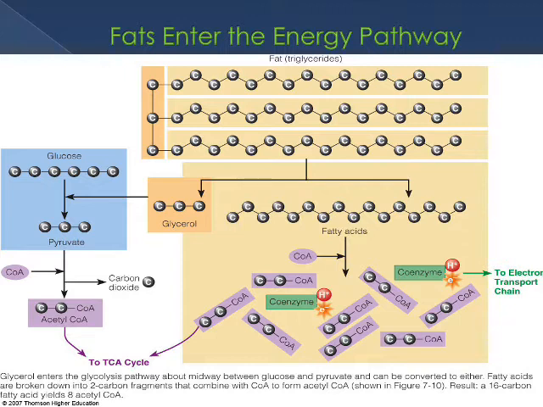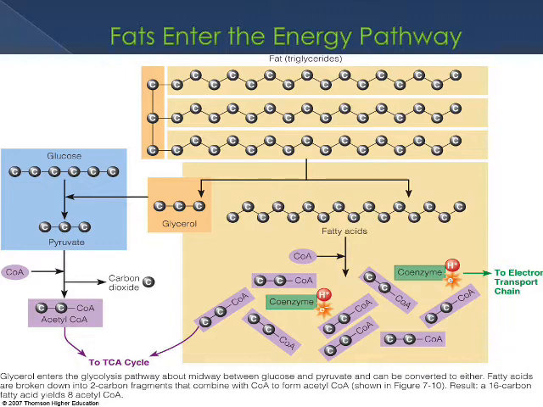The other option is glycerol enters the pathway, forms pyruvate, and if the body needs energy, then pyruvate is converted to acetyl-CoA, and then acetyl-CoA goes on to the TCA cycle. The fatty acids, on the other hand, undergo beta oxidation, so they're broken down into 2-carbon compounds, and they're attached to CoA, and then they form acetyl-CoA, and those can enter the TCA cycle.